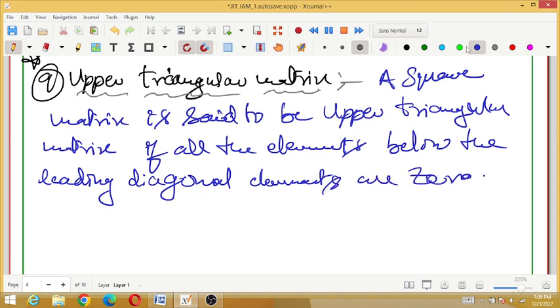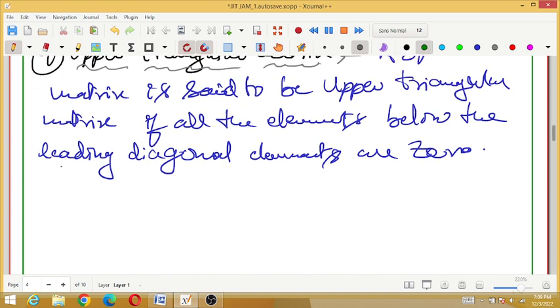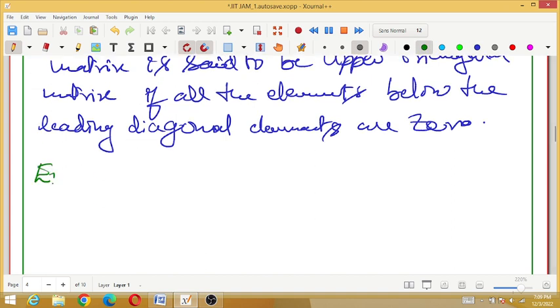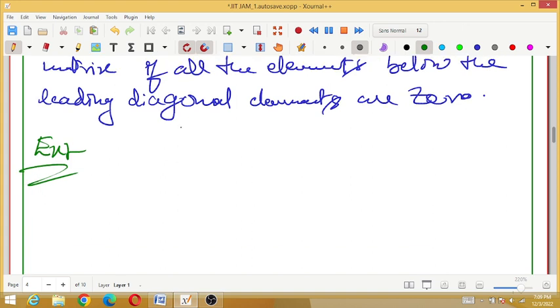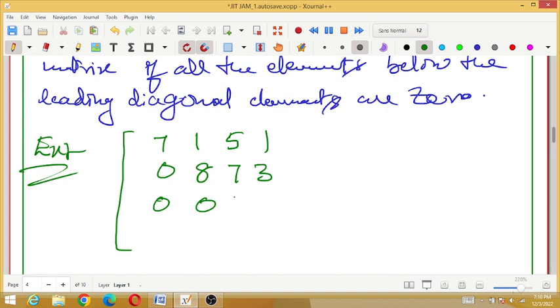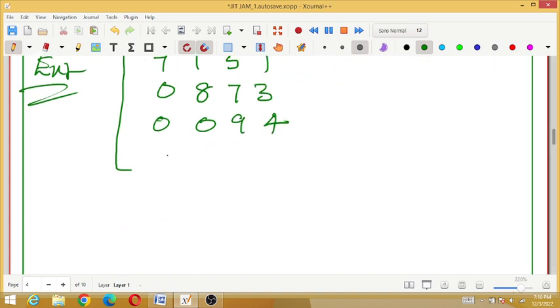See here, an example of an upper triangular matrix. Suppose 7 1 5 1. Next, 0 8 7 3. Whatever it may be. Next, 0 0 0 minus 2.